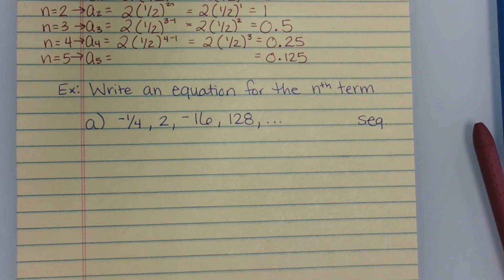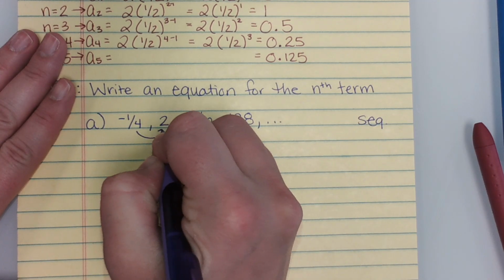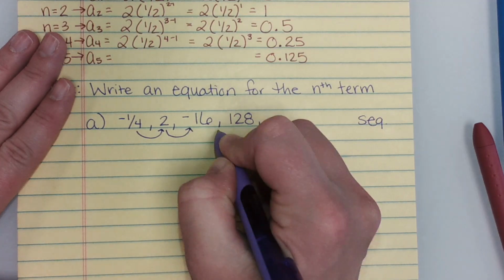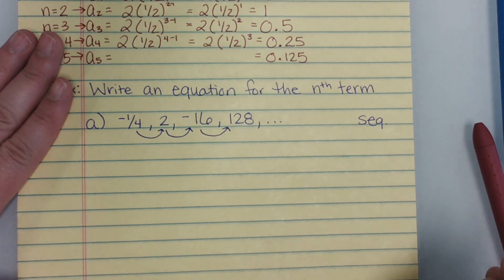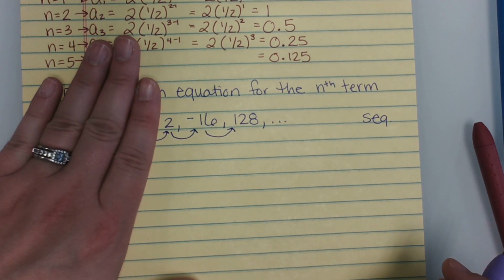Series will always ask you to add things up. Is this arithmetic, geometric, or neither? How do we go from term to term? If it's hard to tell on the first one, look at the second.